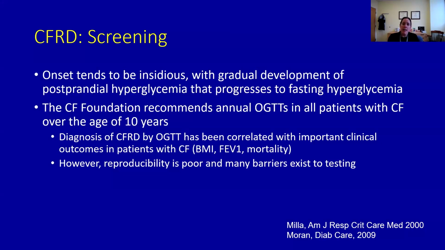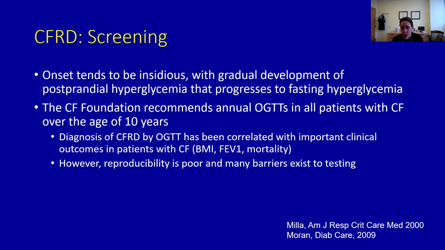So the onset of CFRD tends to be insidious, starting with a gradual development of postprandial hyperglycemia that over time develops into fasting hyperglycemia. And so the CF Foundation recommends, especially given the prevalence and the impact on clinical outcomes, that all patients over the age of 10 be screened every year for diabetes.